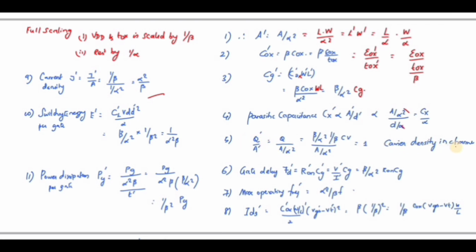Next, Q by A, which is nothing but the carrier density in the channel, so that is equal to Q divided by A divided by alpha square. So Q bar is equal to CV bar, right?